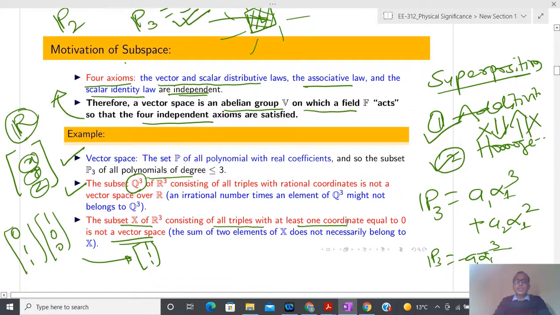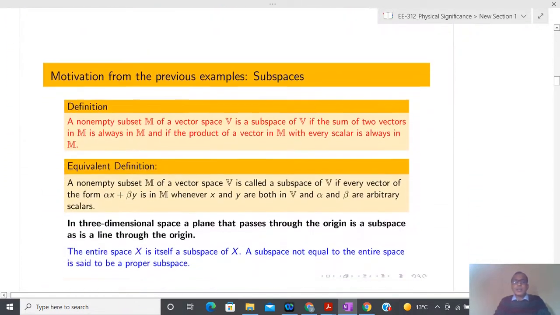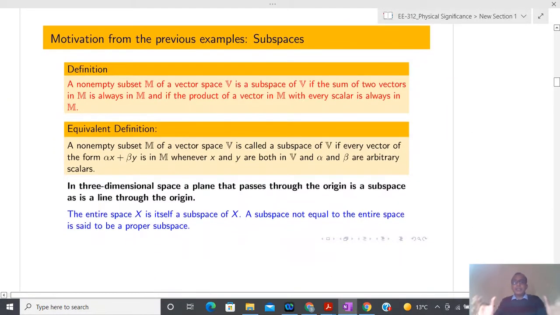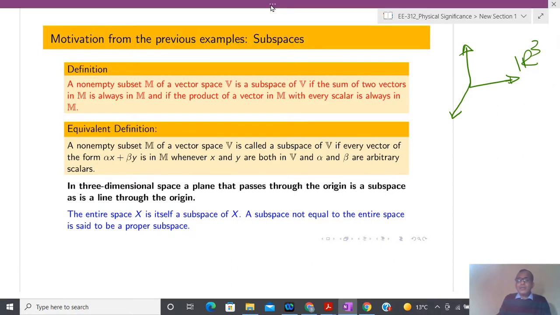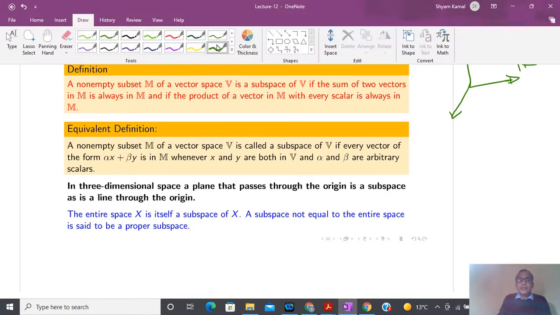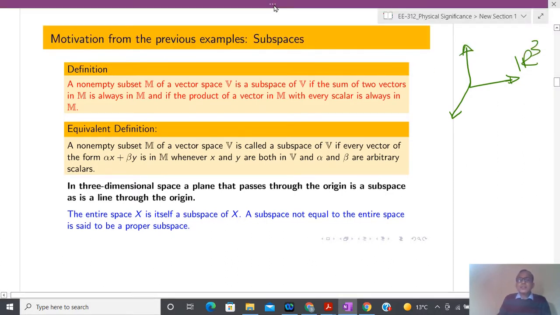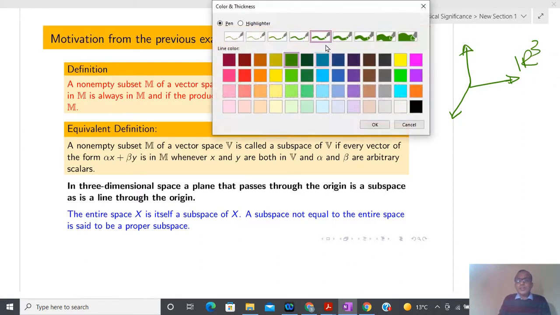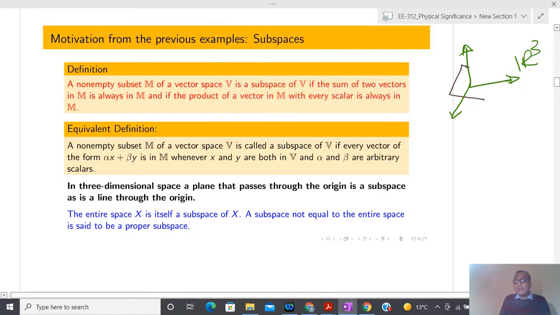Now let us come to the definition. From the previous example, we have seen that R3 itself is a vector space, and that there exists a subset inside this particular space that also satisfies the properties of a vector space, this two-dimensional plane.